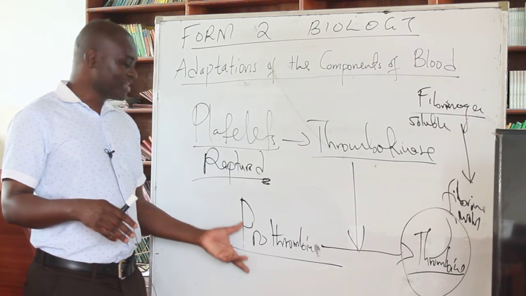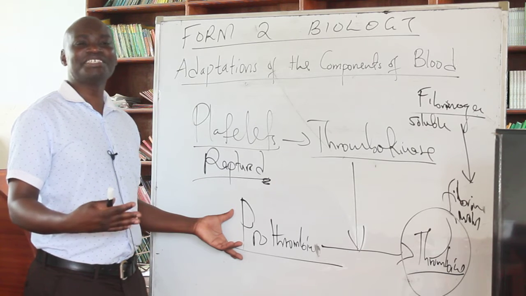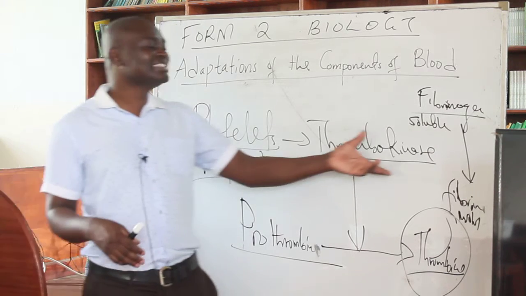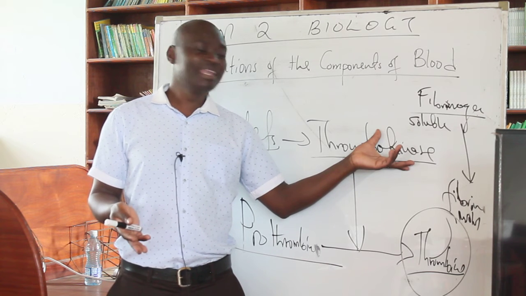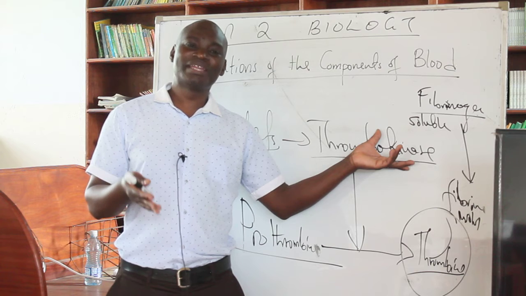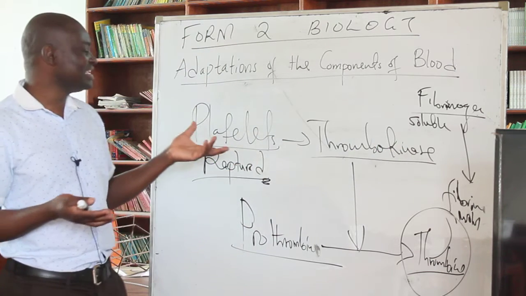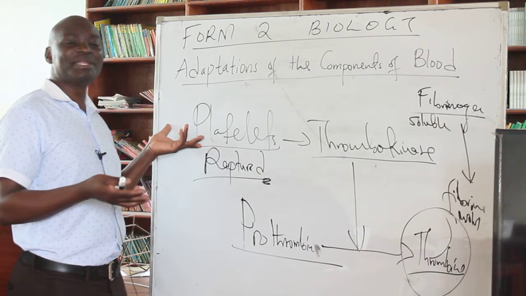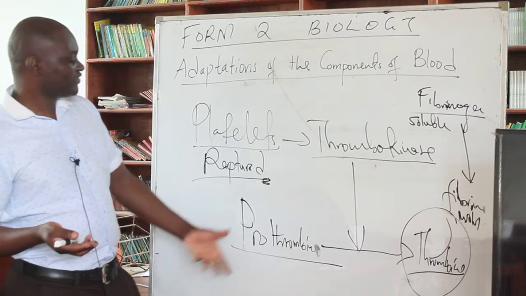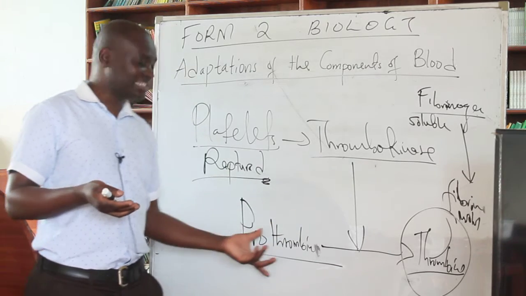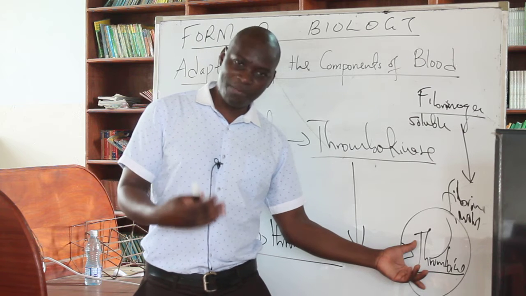So this enzyme is there in the blood, but it is in its inactive form. Thrombokinase is present in the platelets and can only be released when the platelets are ruptured, broken open. So prothrombin gets activated to its active form that is called thrombin.